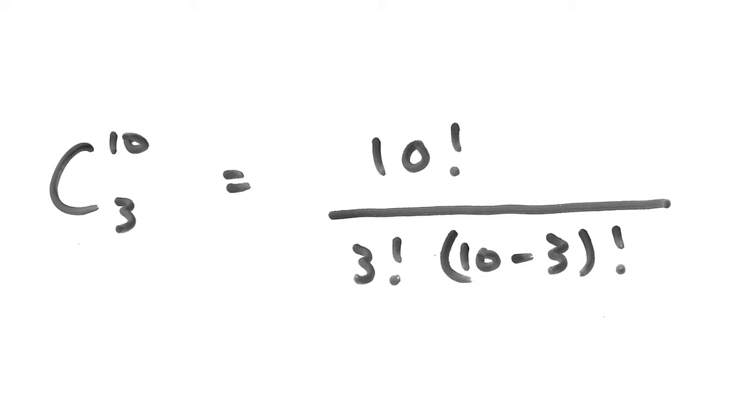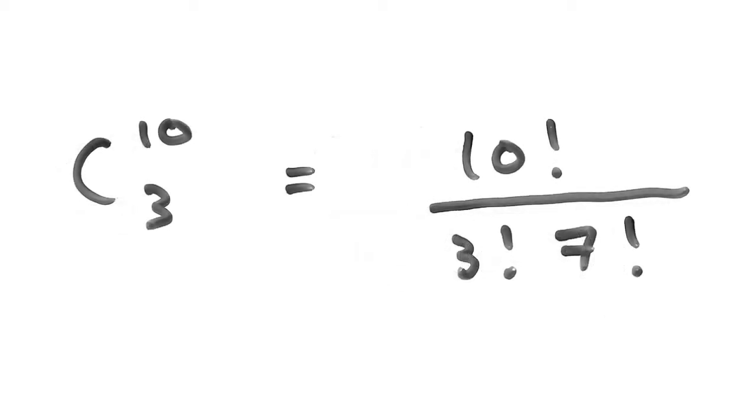So the top line would therefore be 10 factorial divided by 3 factorial and then 10 minus 3 in brackets. If we work further on this question, we come to 10 factorial divided by 3 factorial multiplied by 7 factorial. The N minus K is simplified to 7.